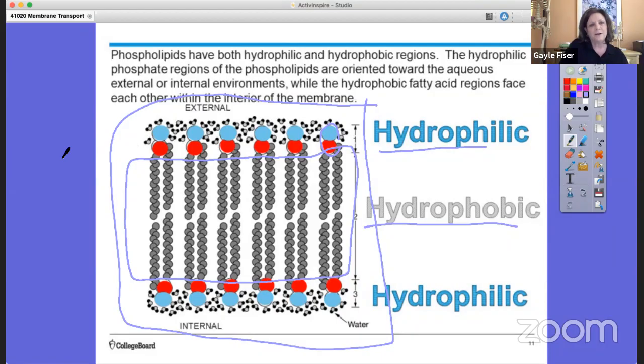So it's hydrophilic on the inside and the outside, internal and external. Notice these tiny little molecules, those are our water molecules. Hydrophilic, water loving, the phosphate head is where the water is on the outside of the cell, and also where the water molecules are on the inside of the cell.